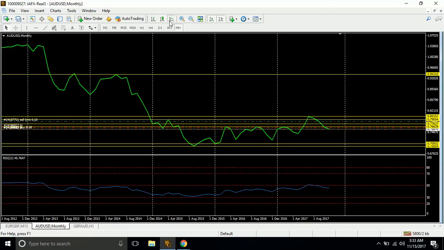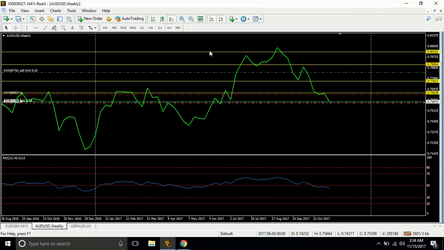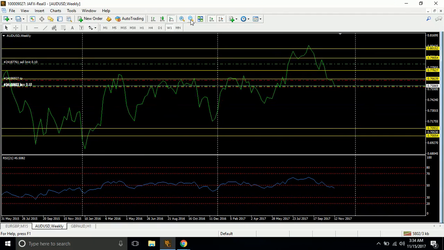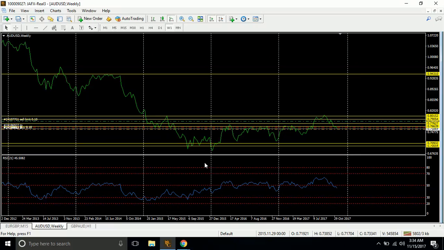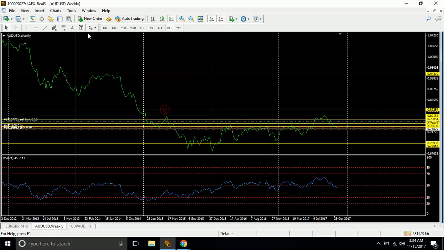Now we'll go back to our line and go to the weekly. We'll do the same thing and go back about 2 periods. The high is right here, and the low is here.